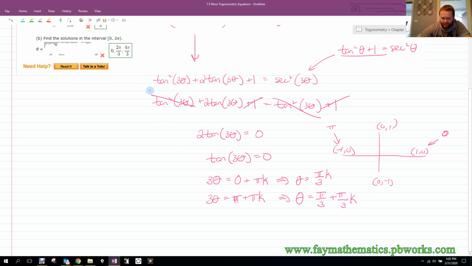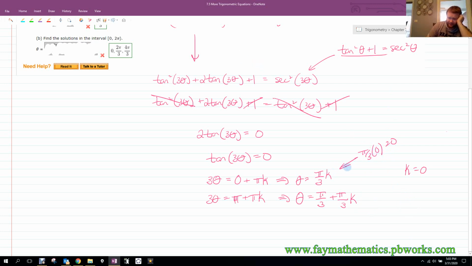All right, so then remember what k is. K is our counting tool. It's got to be an integer. Let me get rid of this picture real quick. Let's just say k is 0. That would give pi over 3 times 0, which is just 0.